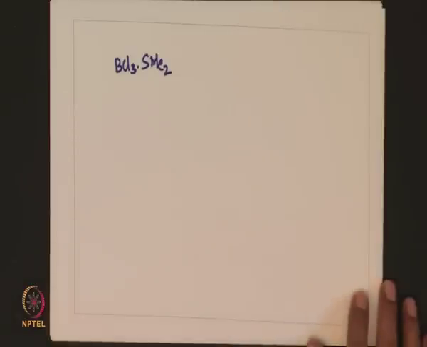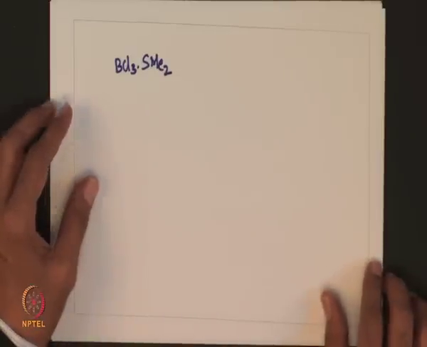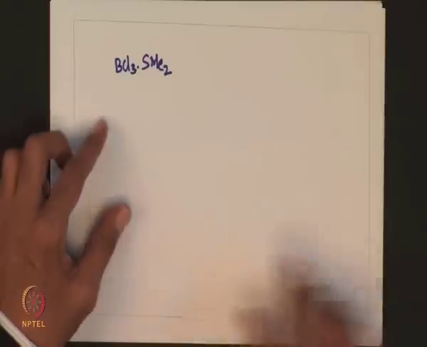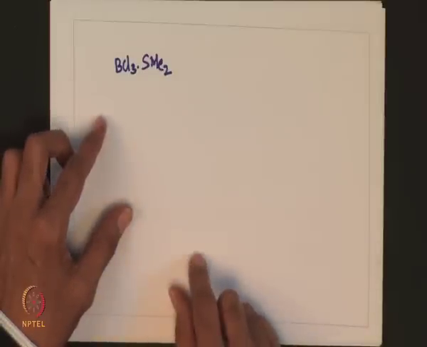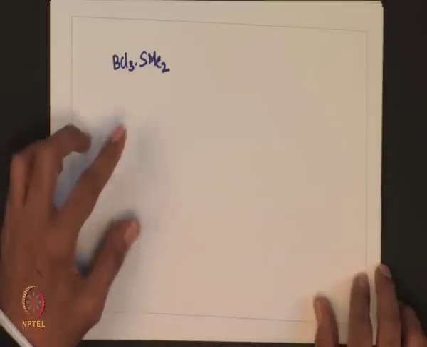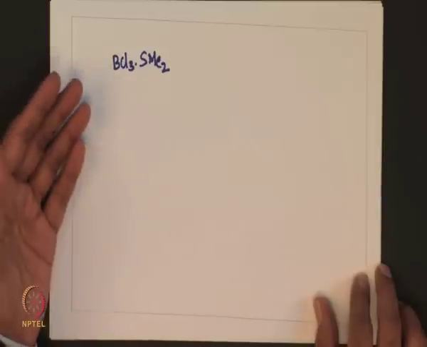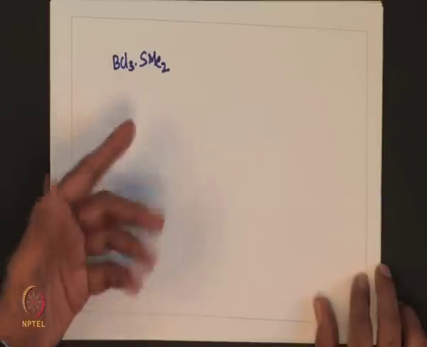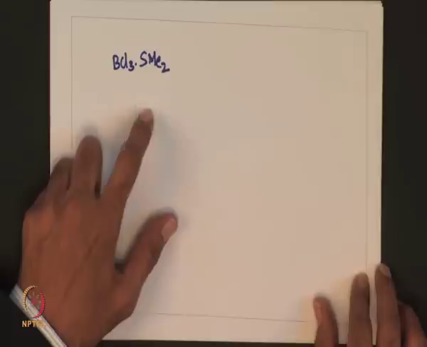So, volatile liquid, after making an adduct with dimethyl sulfide, becomes solid. Now, it is a little less reactive, so that one can handle it conveniently. So, boron trichloride is essentially sold in the form of an SMe2 adduct.